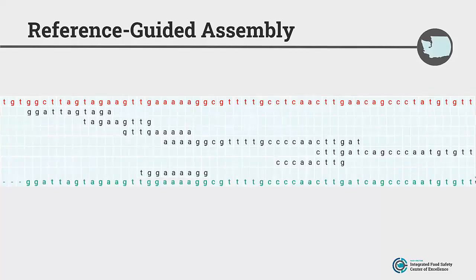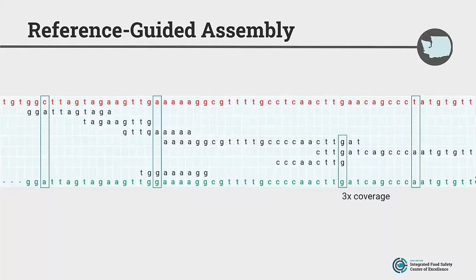And then from all those little reads, you can stitch together the sequence of your organism along the bottom there. And you can see that there are places where your sequence along the bottom differs from your reference. This is expected. You wouldn't expect the salmonella that you're looking at to be identical to your reference one.